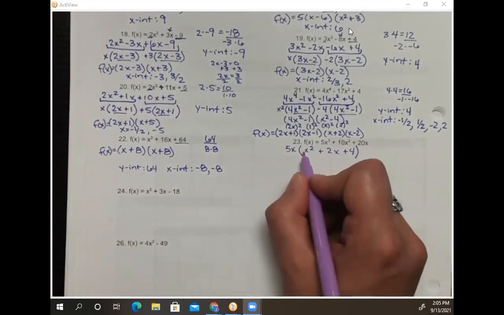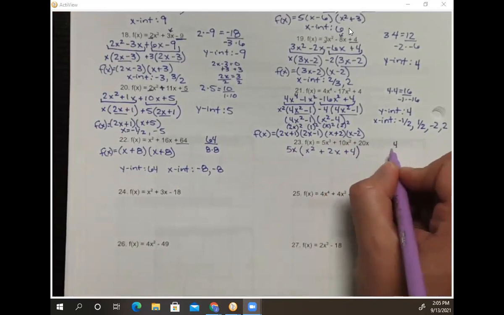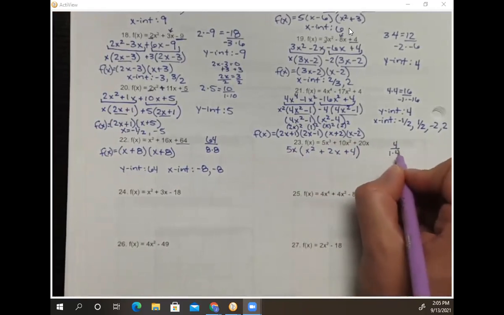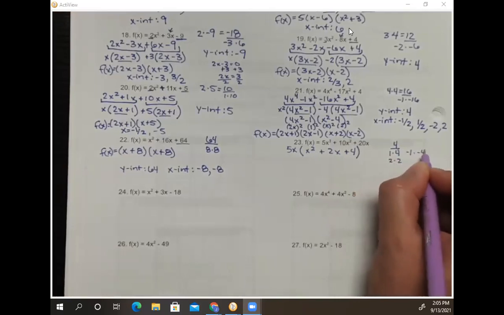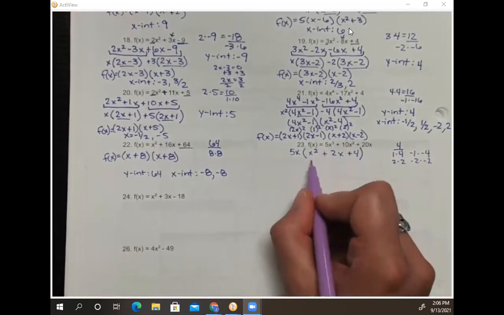Since I have a lead coefficient of 1 here, I could just use guess and check, and I would need factors of 4 that add to 2. Well, my factors of 4 would be 1 and 4, or 2 and 2, or the negative options. None of these add to +2. So I can't factor this anymore.